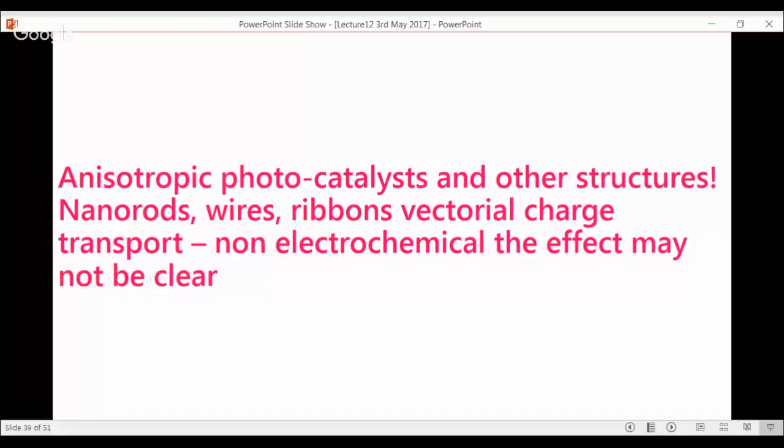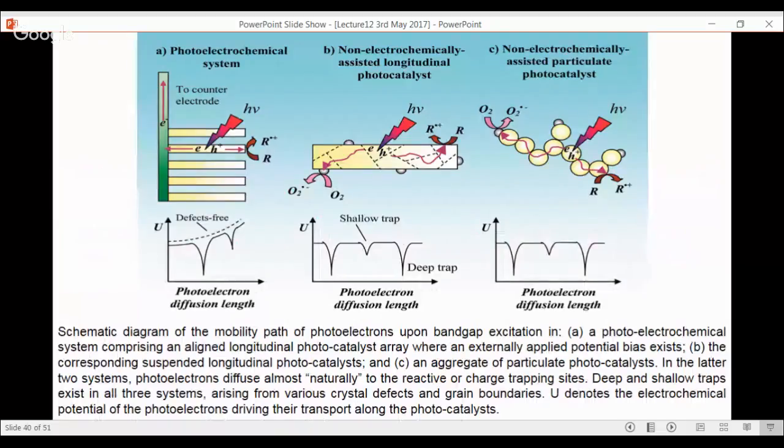Then we have already talked about the anisotropy, that is, lower order or one-dimensional, two-dimensional materials are better than three-dimensional materials. We have already demonstrated that, so we will not worry about it.